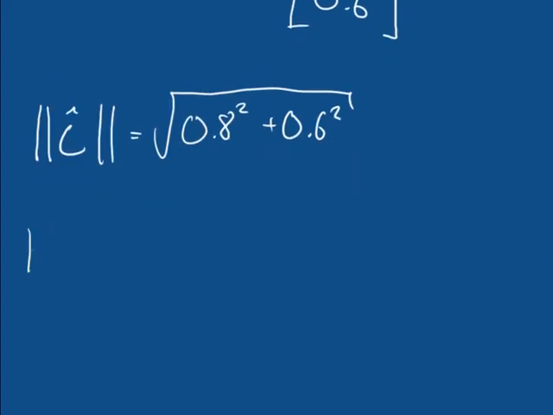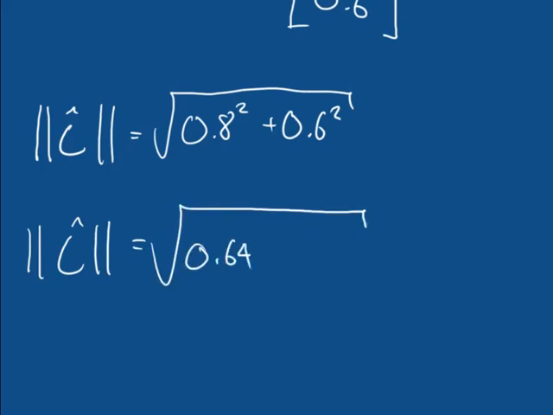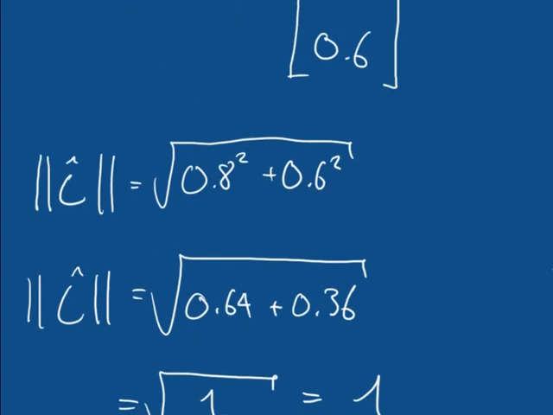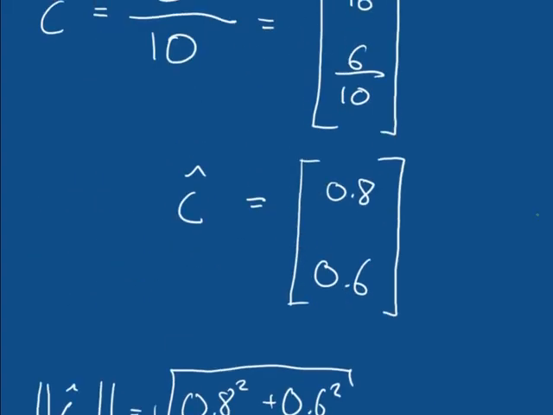That's the square root of 0.64 plus 0.36. Hopefully we can immediately see that's going to add to a value of 1, and the square root of 1 is a nice whole number, 1. So we do have a perfect unit vector there. It has a length of 1.